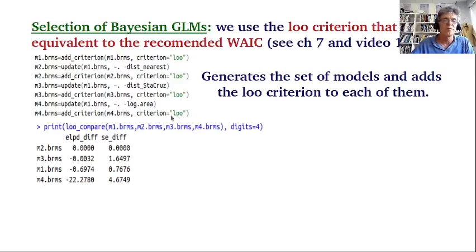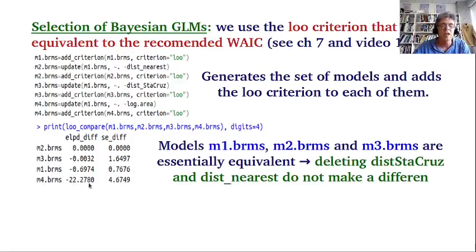We are going to compare the LOO values, and we actually see that M2 is the model with the lowest expected log posterior distribution, but essentially the models M1, M2, and M3 are identical, since the differences in this LOO criterion are all within the standard error, but the M4 model has a very large difference.